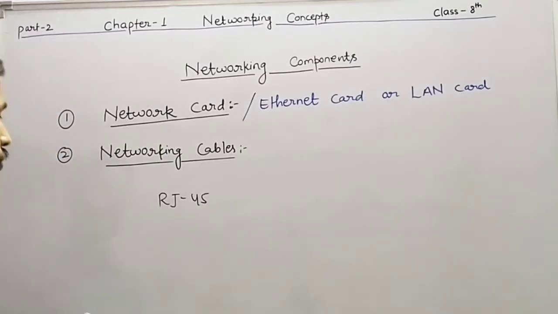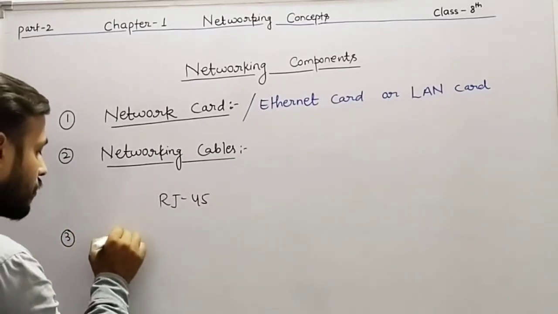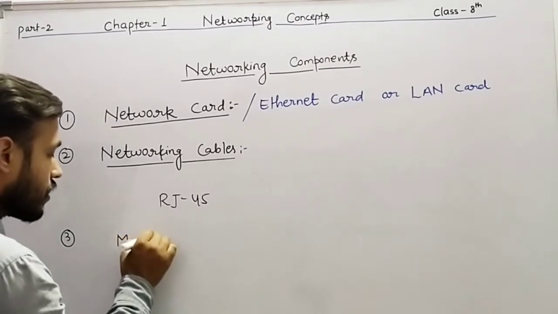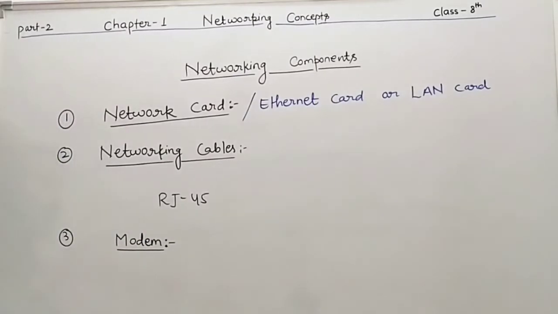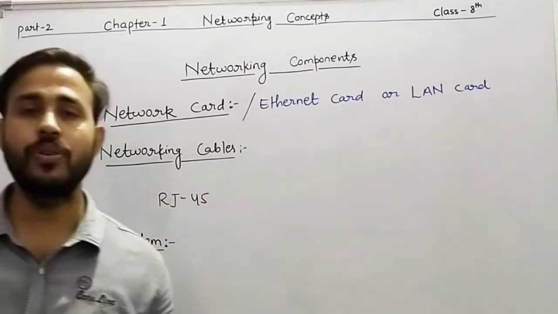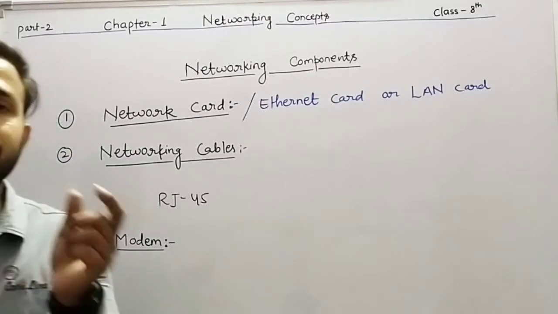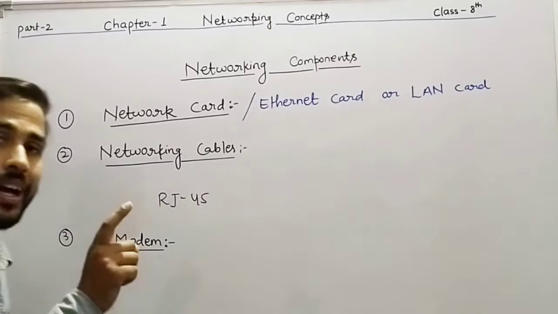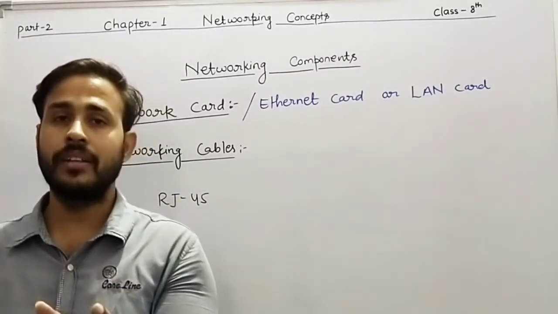And the third component is the modem. Basically, a modem is used to connect the computer with the available internet over the telephone line. Okay, I am repeating. A modem is used to connect the computer with the available internet over the telephone line.